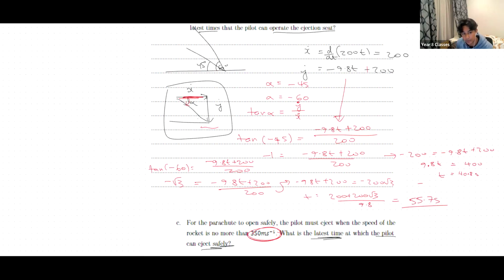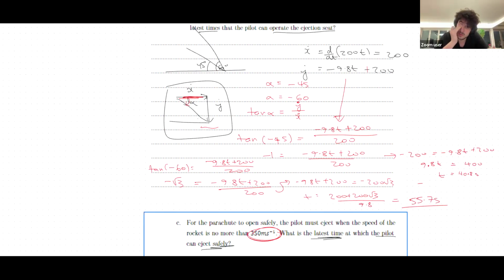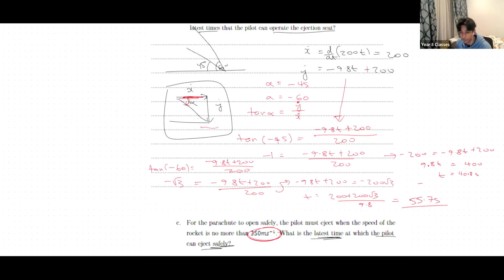You kind of do need to consider it in case you get multiple solutions. Solve it first, and then check if your solution is between the two times from part B. When it says no more than 350 meters per second, does it mean exactly 350 or below that? Exactly 350.